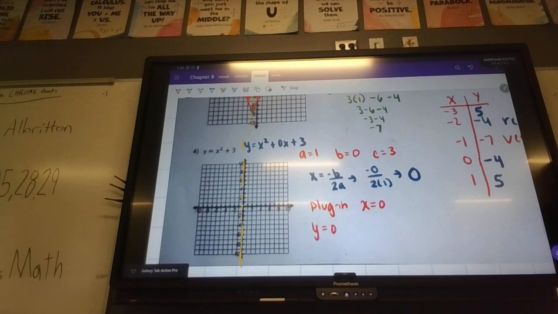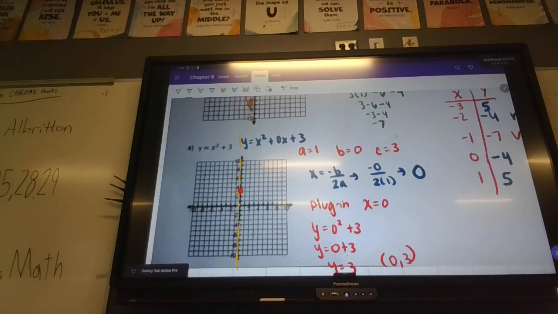So now we have 0 squared plus 3. And there's our point 0, 3, of course, because that's the y-intercept. And then from there, over 1, up 1, over 2, up 4.